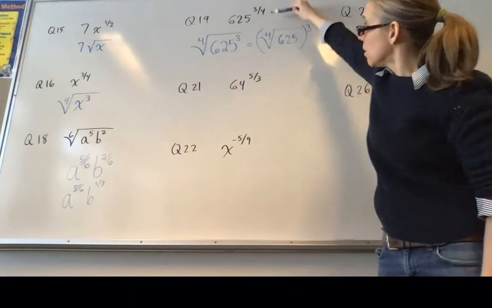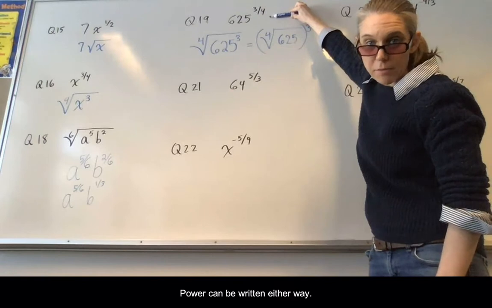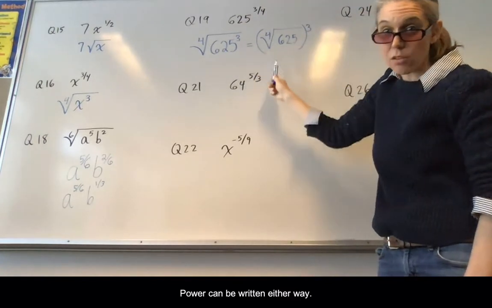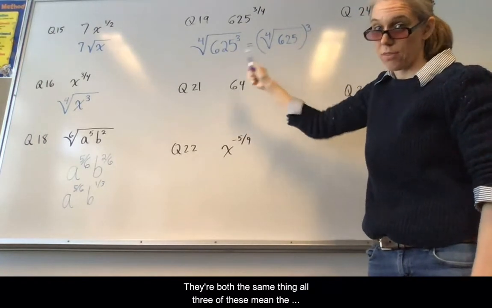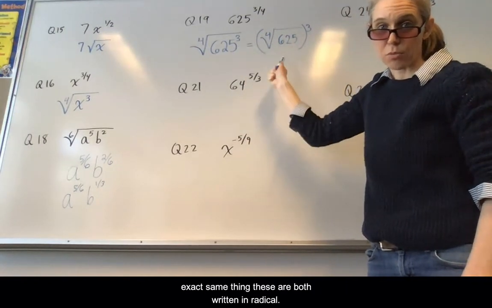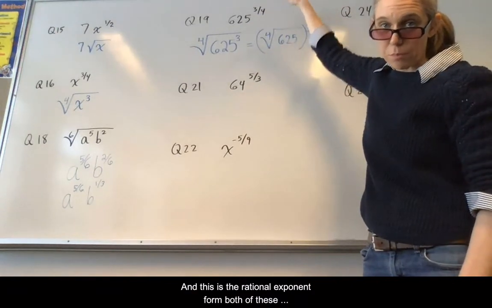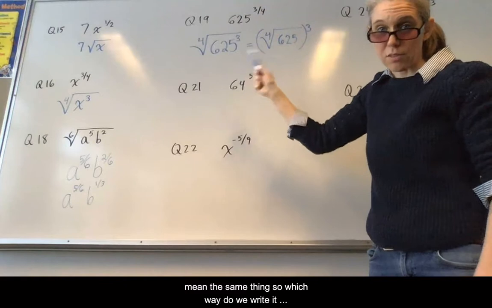In other words, what I have written here, 625 to the 3/4 power, can be written either way. They're both the same thing. All three of these mean the exact same thing. These are both written in radical form, and this is the rational exponent form. But both of these mean the same thing.